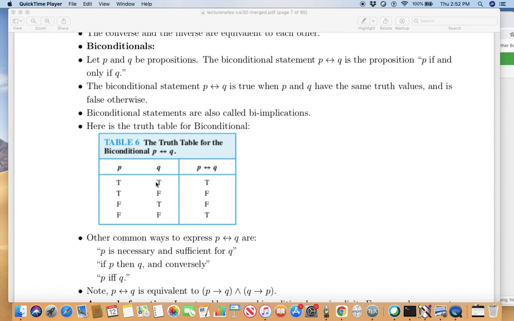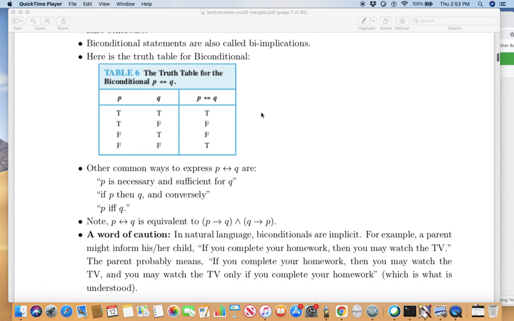So as long as they have the same values, true here, double implication is true. False here, double implication is true. When they are different, double implication is false. Biconditional statements are also called bi-implications. So this is the truth table for a biconditional.